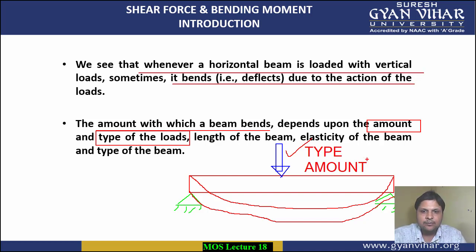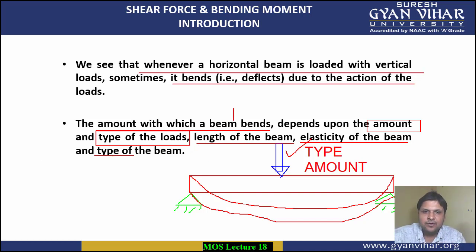Also, another important thing responsible for the amount of bending is the length of the beam. How much longer is the beam? The length of the beam is also responsible for it. And then after, it also depends upon the elasticity of the material of the beam, and also on the type of beam. So there are many factors on which the amount of bending of a beam depends whenever there is loading in the vertical direction applied on a horizontal beam.